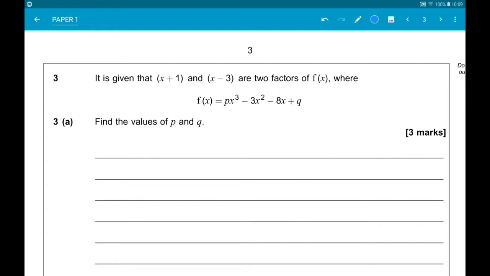Okay, so by the factor theorem, because x plus 1 is a factor, f of minus 1 is equal to 0. And because x minus 3 is a factor, f of 3 is equal to 0.